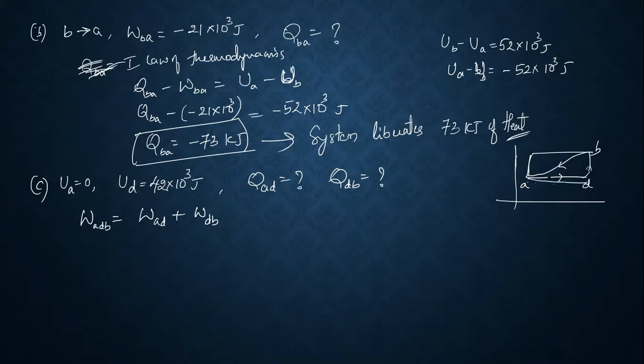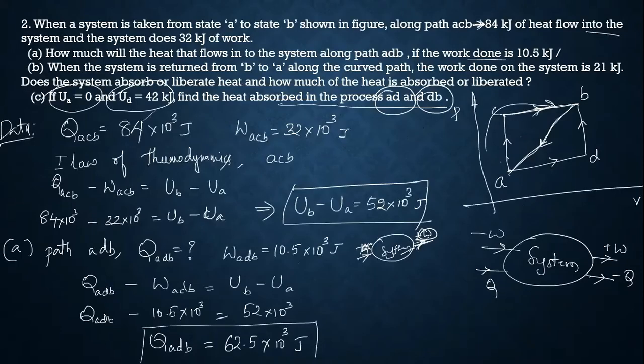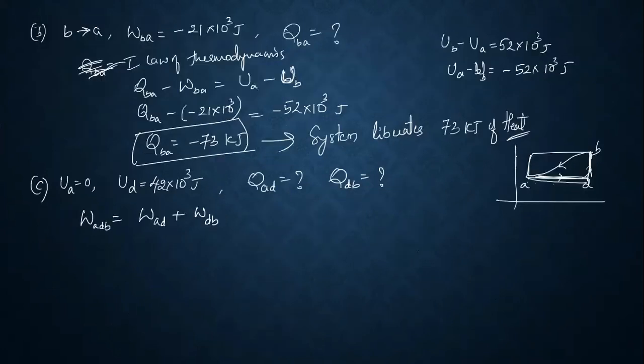AD is a constant pressure process, and DB is a constant volume process. W_ADB is 10.5 kilojoules, so 10.5 into 10 to the power of 3 is equal to W_AD plus W_DB. This W_DB is a constant volume process. For any constant volume process, work done is 0. Therefore, W_AD is 10.5 into 10 to the power of 3 joules.